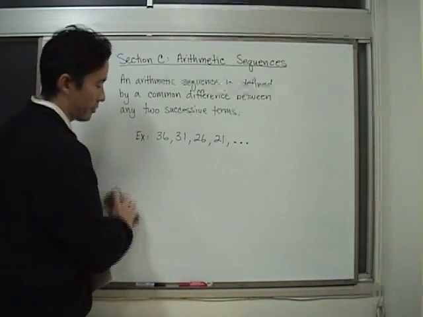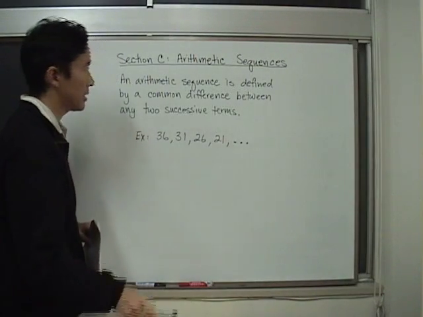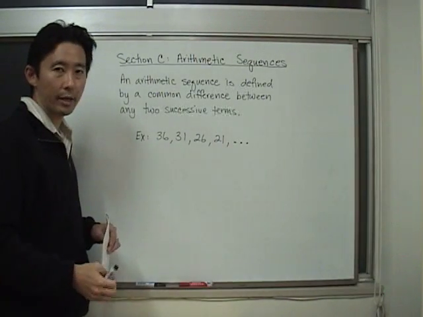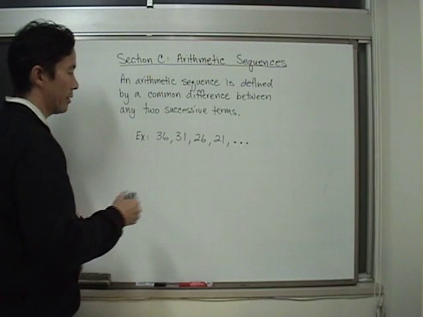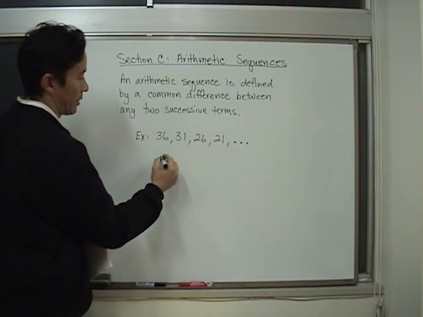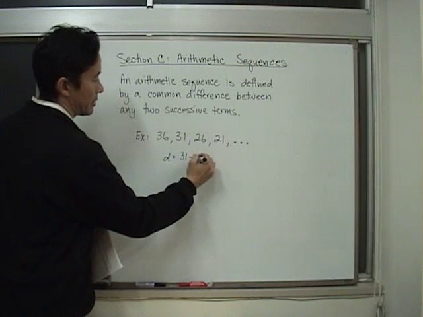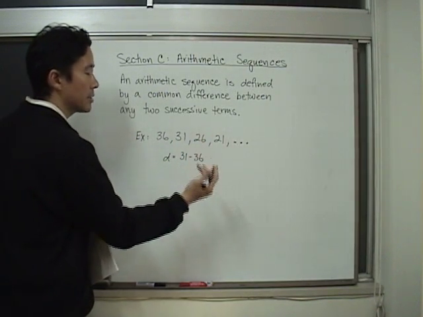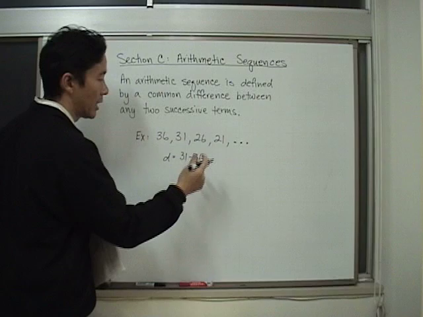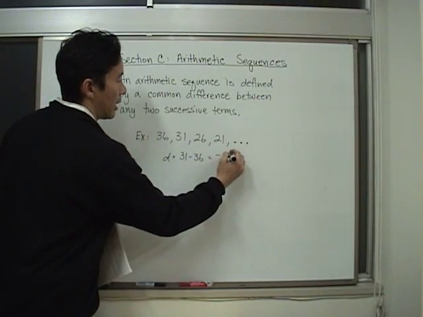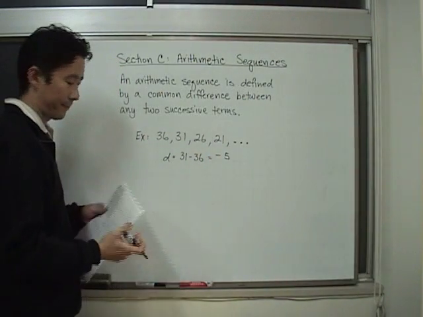Now, if you know for a fact that the sequence is indeed arithmetic, then we can always come out with a d value. So the d value in this case is going to be 31 minus 36, and again, I could have taken any two subsequent terms of the sequence to find this common difference, and we know it to be -5.